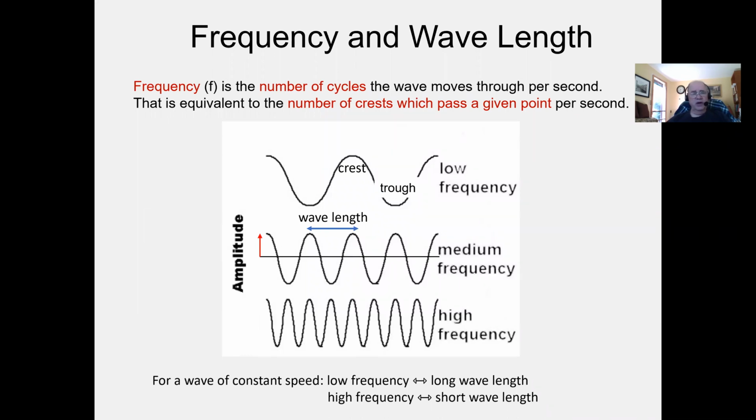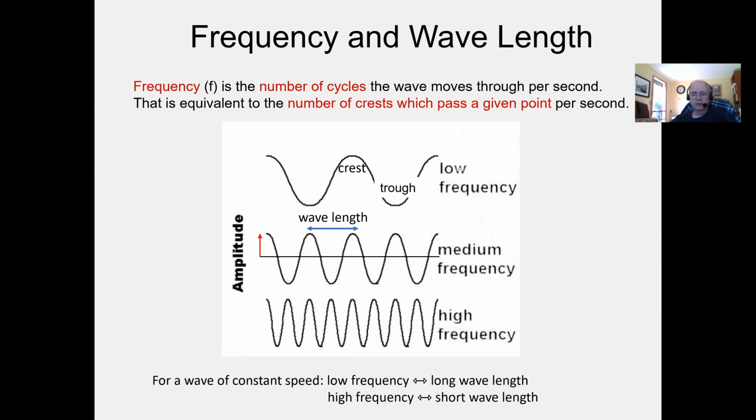And if you're talking about a wave that's moving at a constant speed, and we will be, we're talking about light that's moving through space or through air when it gets through our atmosphere, but the speed does not change appreciably at all. The speed of light in a vacuum and the speed of light in air is virtually the same.